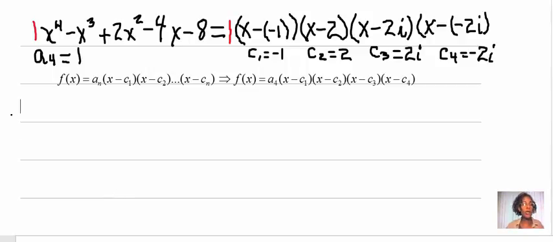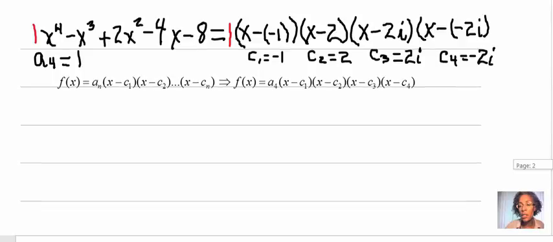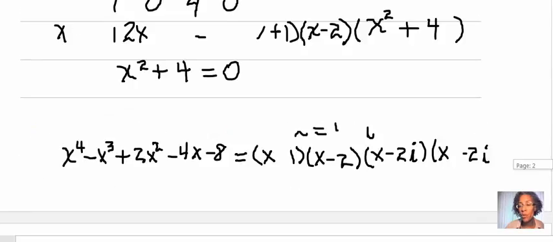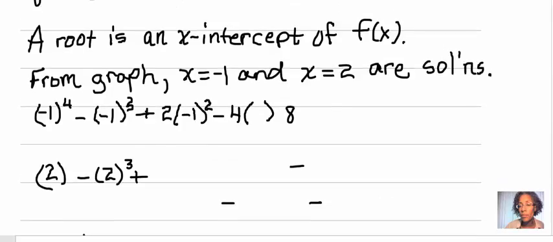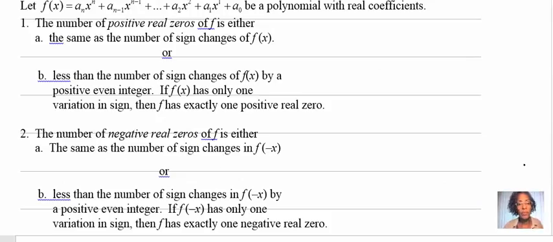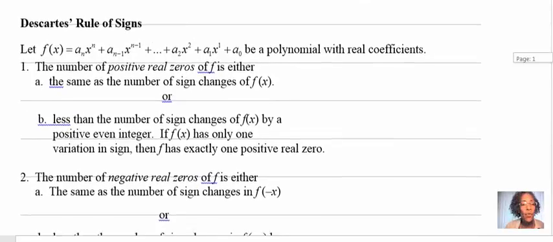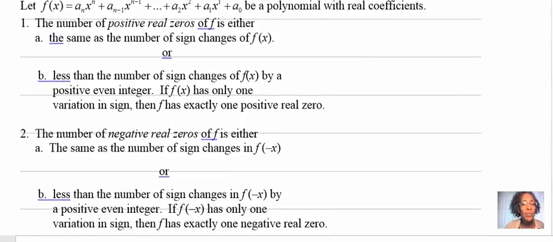The other thing I want to talk about is Descartes' rule of signs. Let's go back to that theorem for a moment and look at that. So here's Descartes' rule of signs, and let's look at that for this problem.